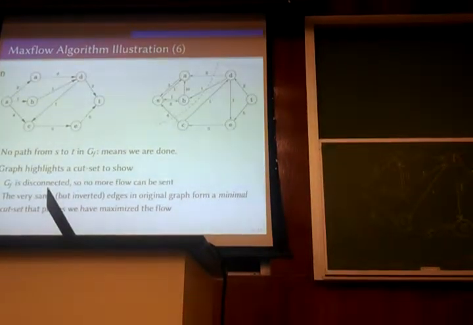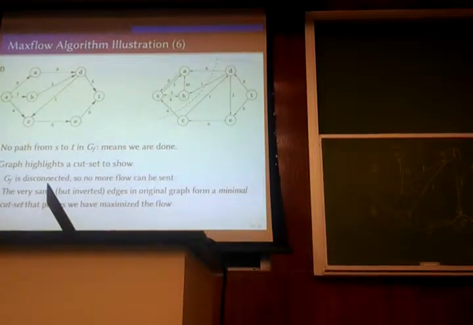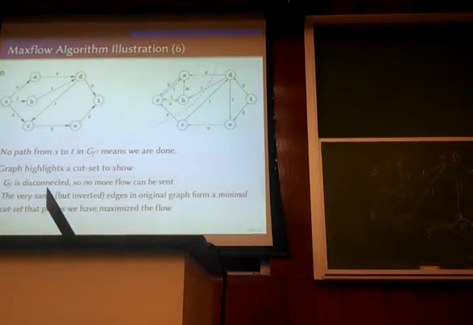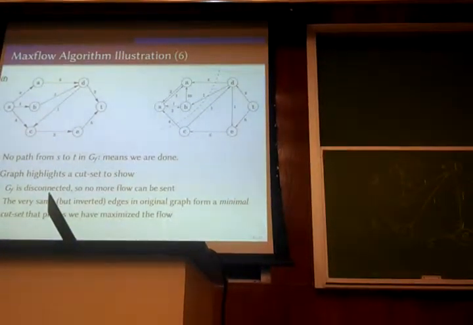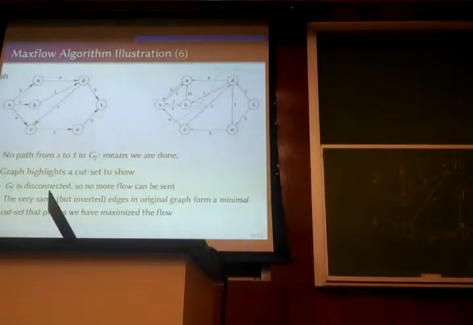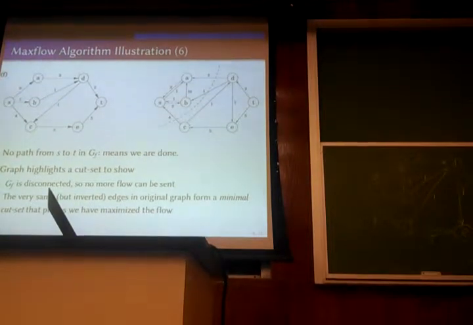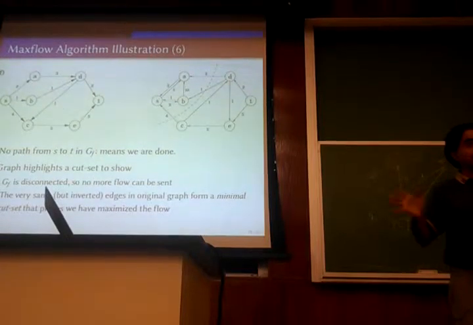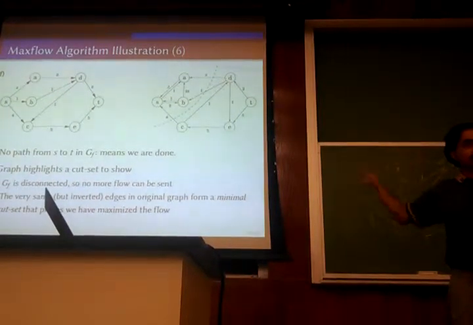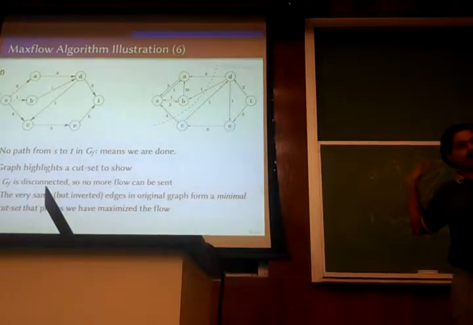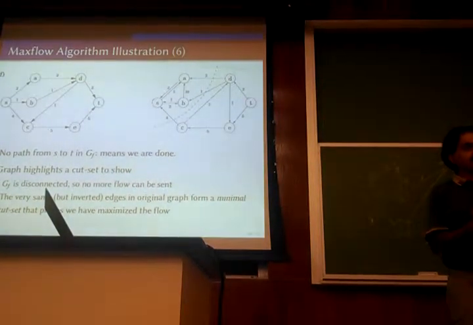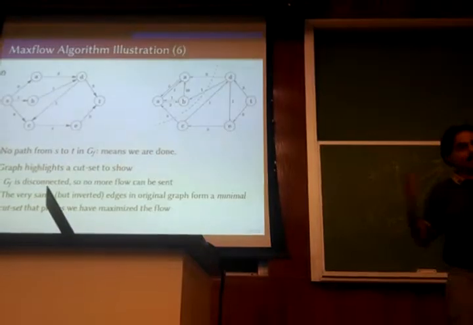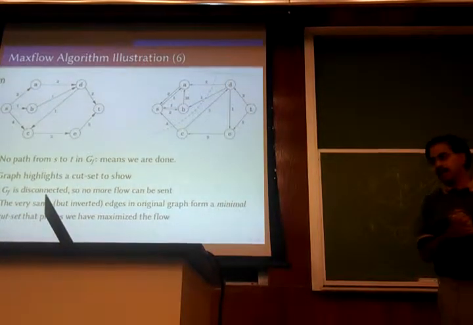Because of that, you can say, well, this is really the maximum because there is no way to push anything more, and I don't have to think about the algorithm. I can look at the graph and say, obviously there's no way to push anything more because there are no edges left. Every edge that goes from left to right, the source component to the sink component, I'm using at its full capacity, and therefore I cannot possibly send anything more.